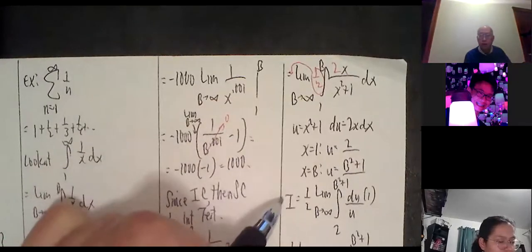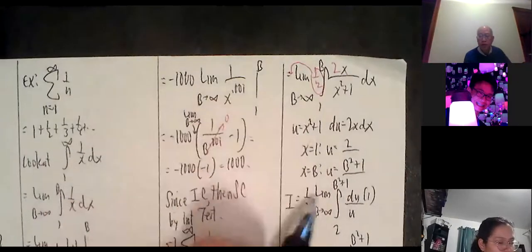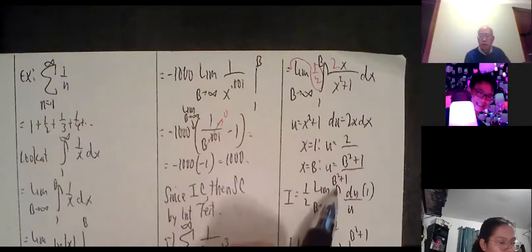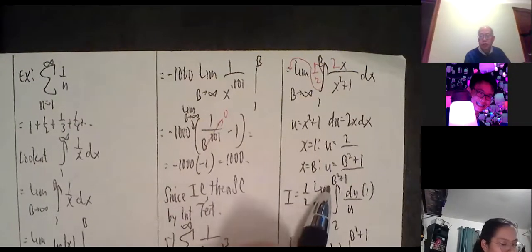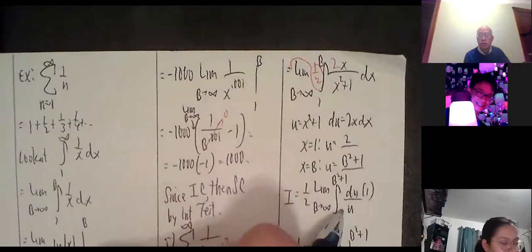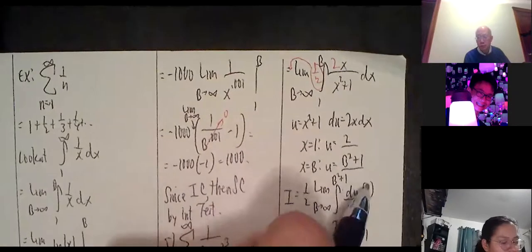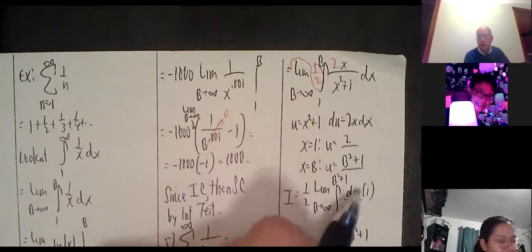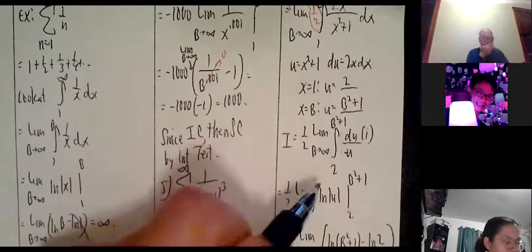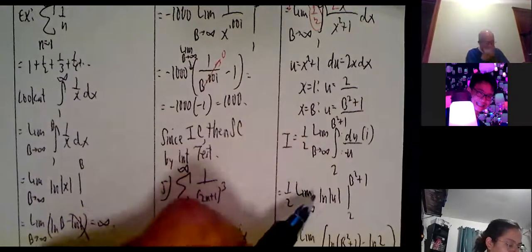I know you're not used to putting b squared plus 1, but that's all we can do, so we got to do it. So the integral now has a half out in front. Limit b approaches infinity, integral from 2 to b squared plus 1 of du over u. You can pretend there's a 1 there. 1 over u. So that tells me it's a natural log, right?